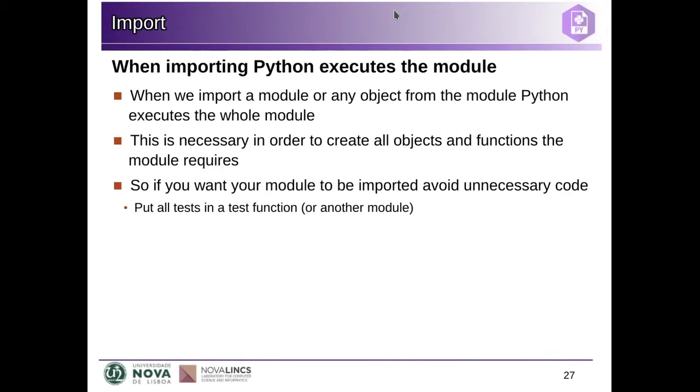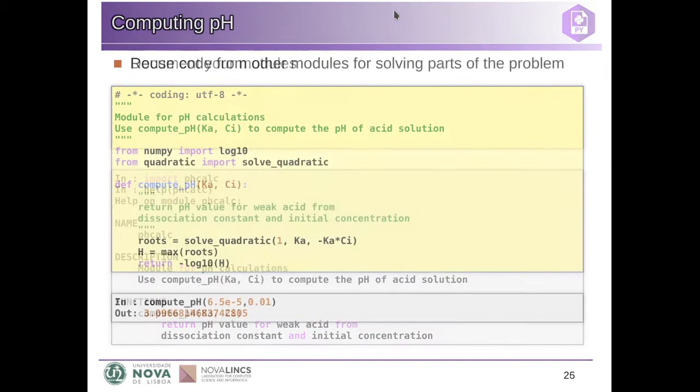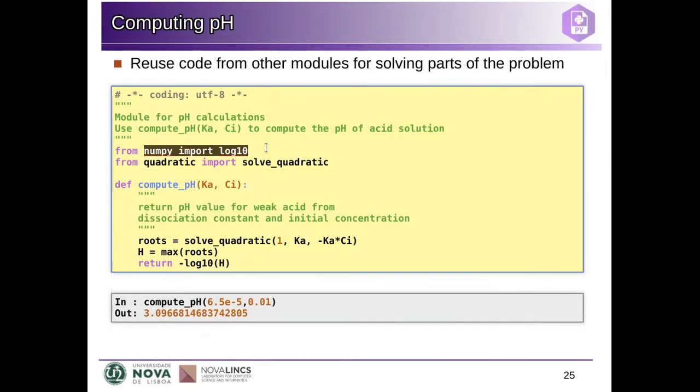Okay, so let's see an example. Oh, by the way, one more detail. If you import a module like NumPy, for example, you don't need it in your working folder because it's installed in your Python installation and the interpreter knows where to find this module. However, if you are using your own modules, for example, this quadratic one, the interpreter needs to find it.